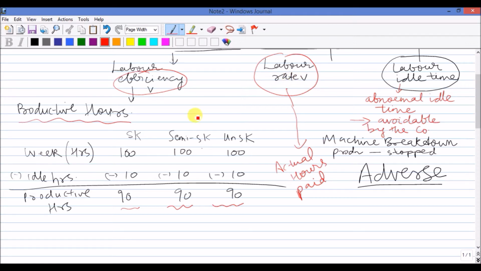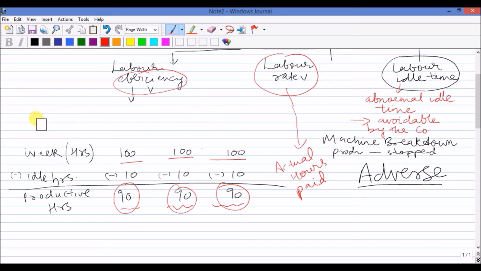For example, these three categories of workers have worked 90 hours respectively, but the company is going to pay them wages on 100 hours. So when we take the labor rate variance, we have to take the actual hours paid, that is 100, 100 and 100. This I would be able to explain properly once we are in the sum.